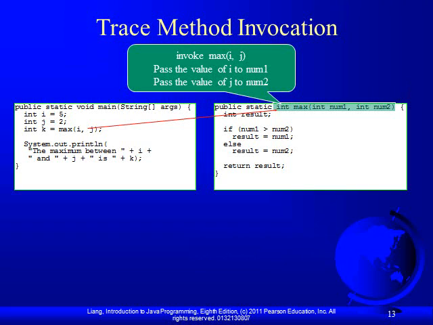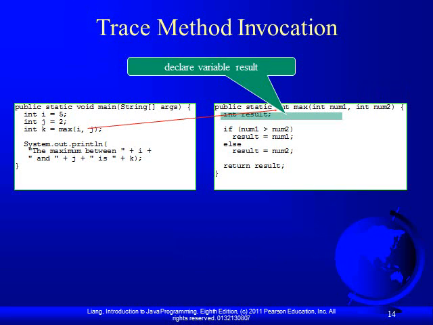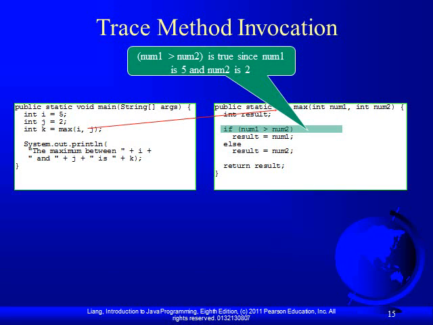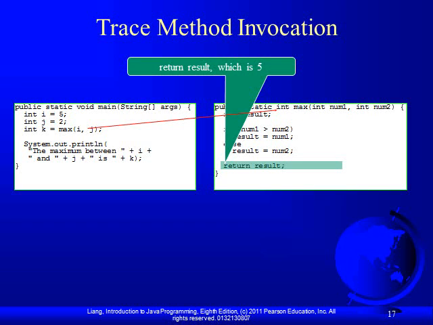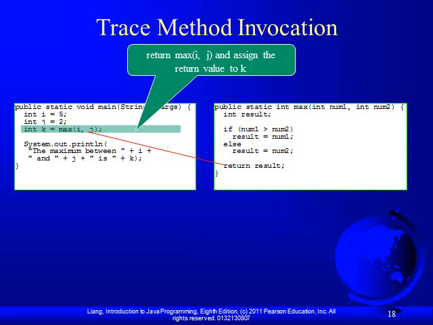At this point, control is being passed over to the max method. Max's code is beginning to be executed. Max is returning the results to main. The value of k is set to 5.